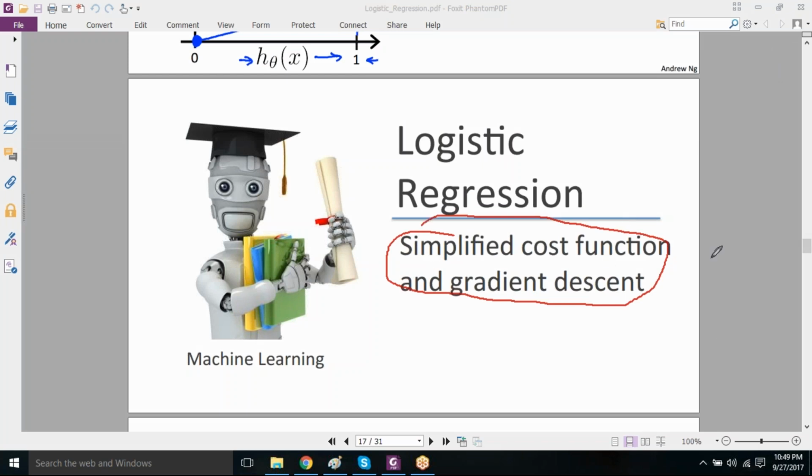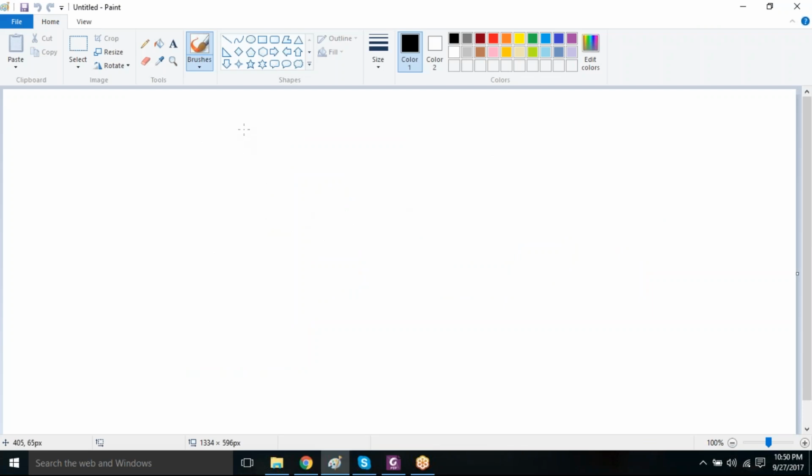Simplified cost function. You remember that in linear regression we had only one cost function, mean squared error. Here we are putting two different criteria.